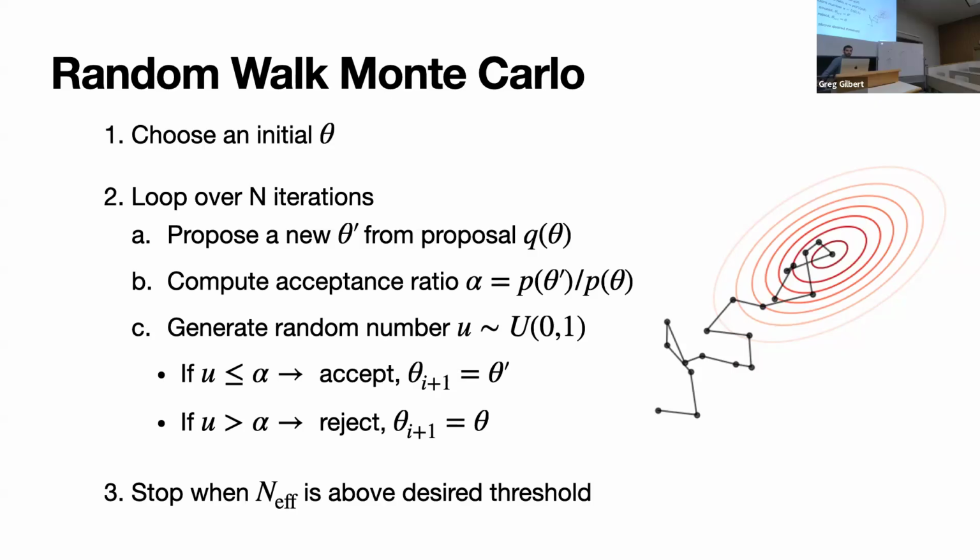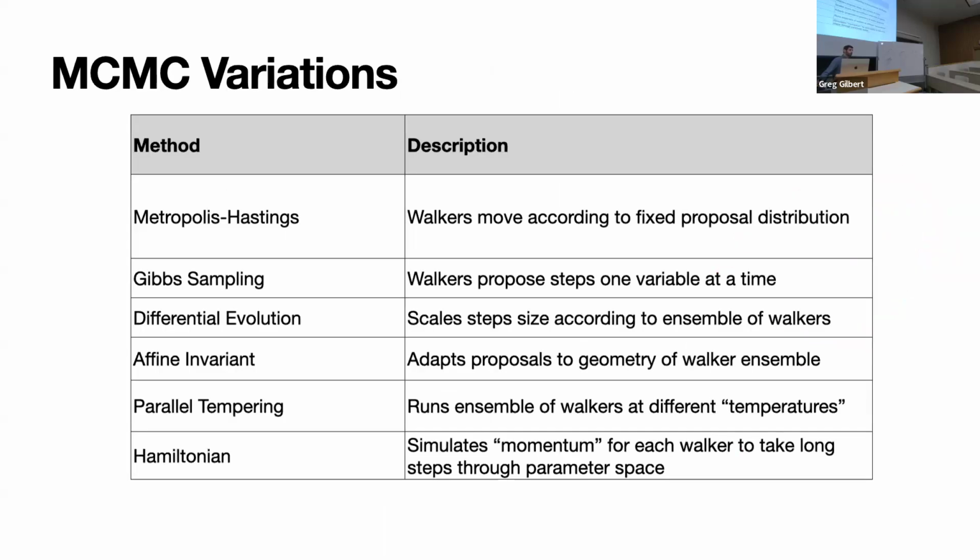All right, cool. So random walk Monte Carlo is great. It's conceptually the foundation of everything we're going to do, but it can be very slow, especially when you get into high dimensional or complicated problems. So there are all these different variations that have been developed that are essentially just trying to be smarter about how you propose your steps. The fundamental problem of random walk Monte Carlo is it's random.